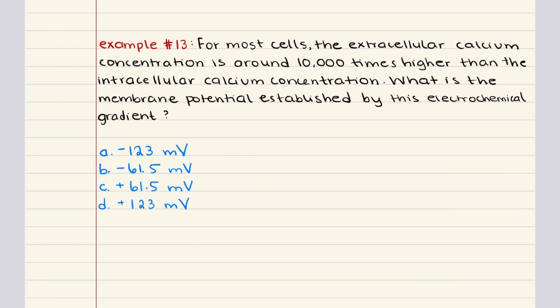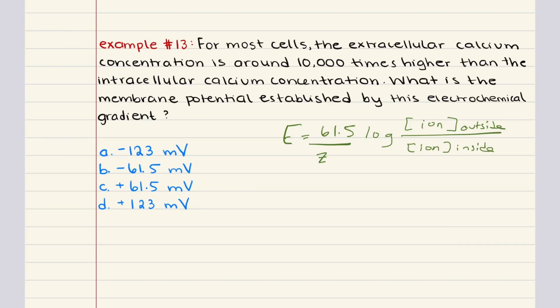At physiological temperature, the Nernst equation can be simplified to the potential is equal to 61.5 divided by the charge of the ion multiplied by the log of the concentration of the ion on the outside over the concentration of the ion on the inside.